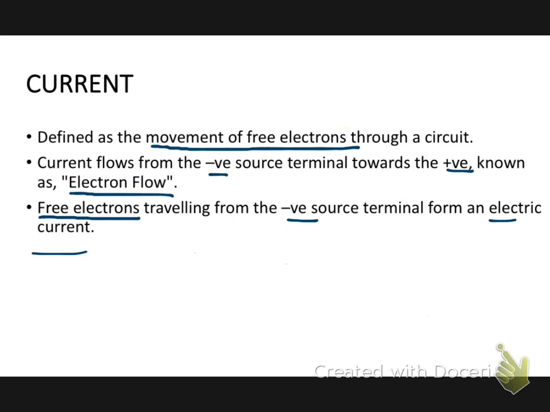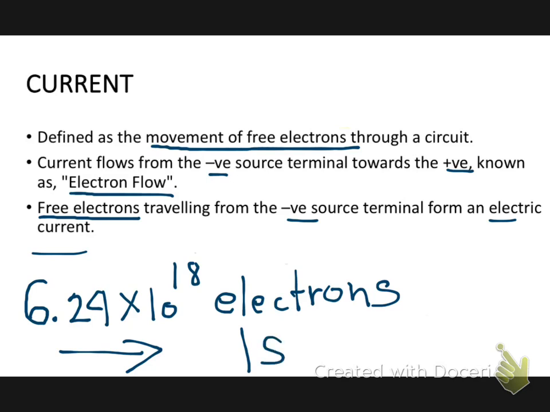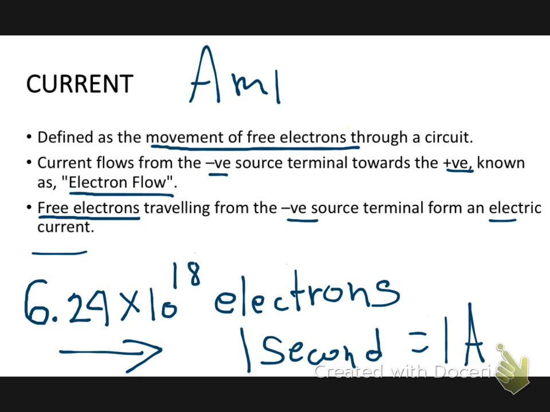We can also say that 6.24 times 10 to the 18, which is a very large number, electrons flowing past a fixed point in a circuit in 1 second equals, or produces, 1 amp of current, and the base unit of current is the ampere.